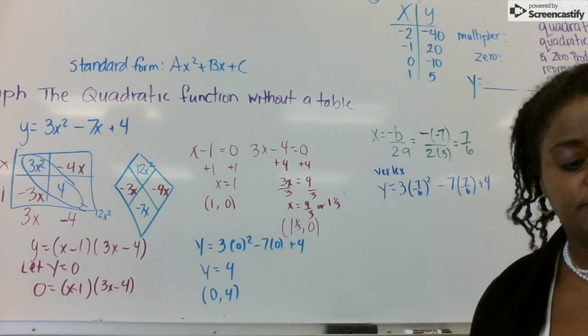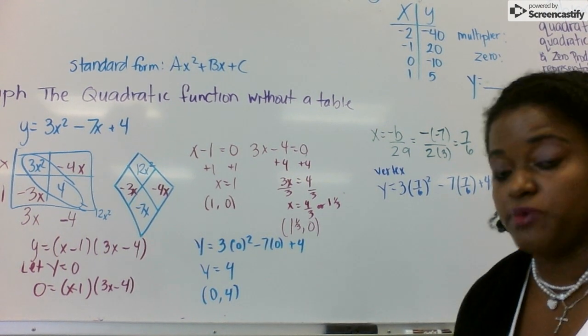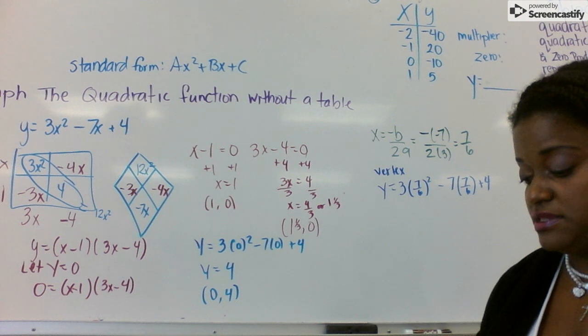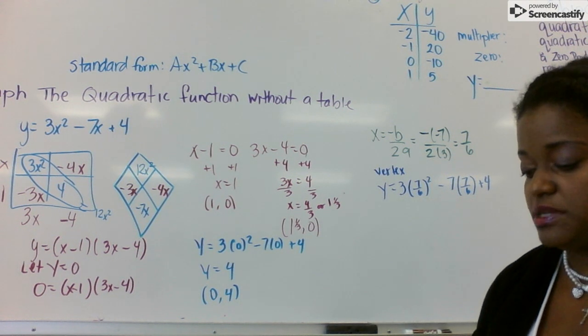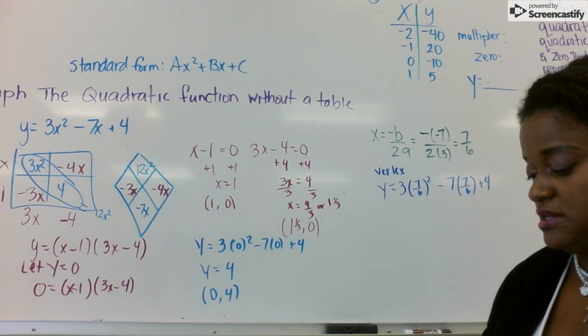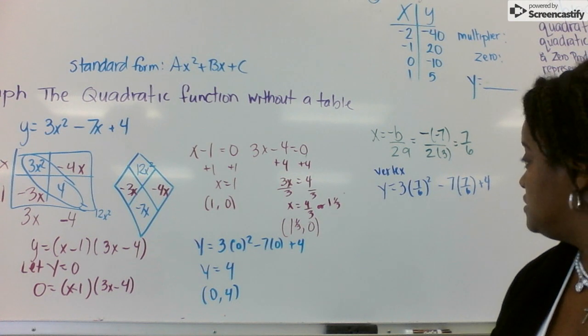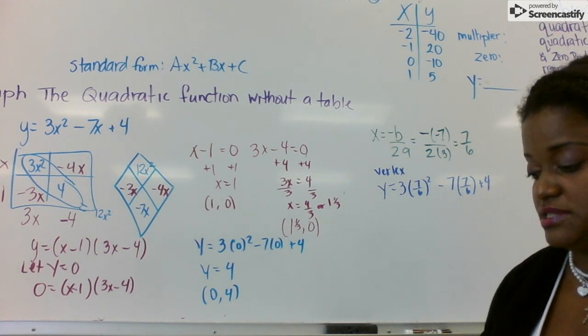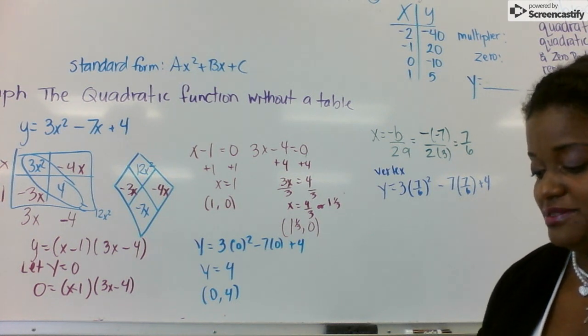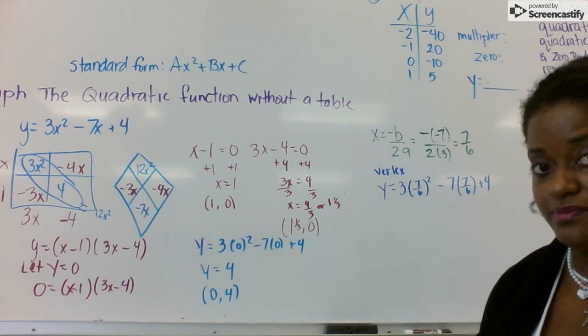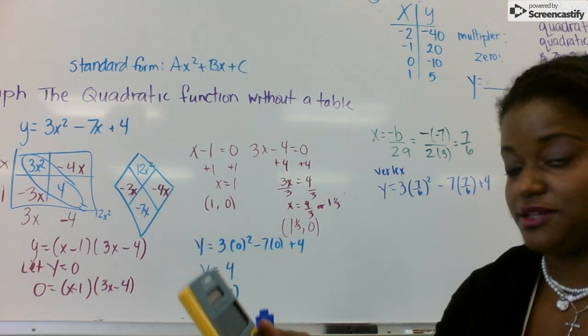So I'm just going to plug it right in. So I do 3 parentheses 7 over 6 squared. You can't even see this, can you?